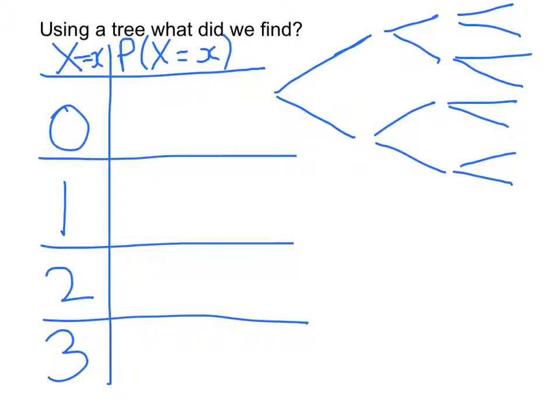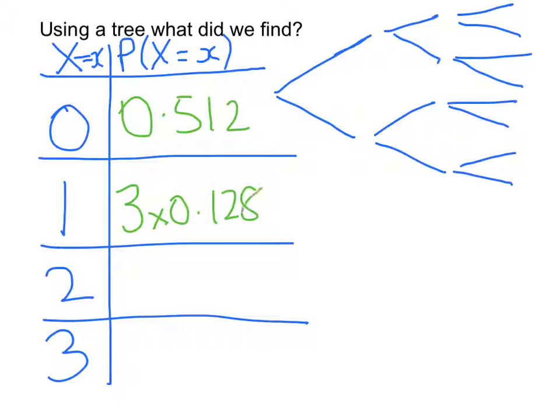Okay, so what did we figure out? Well, the 0 had a probability of 0.512. The 1 had a probability of 3 lots of 0.128. The 2 had a probability, so getting 2 tails out of 3 had a probability of this.